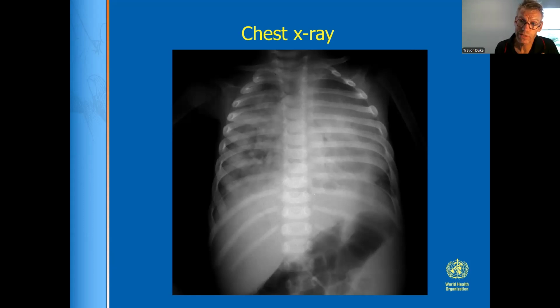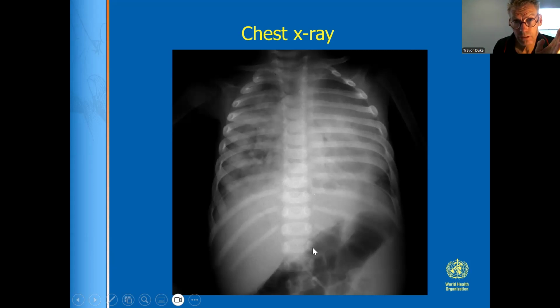It goes along with the fact that he had tachycardia and a gallop rhythm. He's got signs of heart failure. It goes along with the fact that he has a hemoglobin of 5.9. He's got signs of severe anemia, and that could cause a heart to be this big and have heart failure. And it goes along, you can see how large his liver is, going 4 centimeters below the right costal margin.